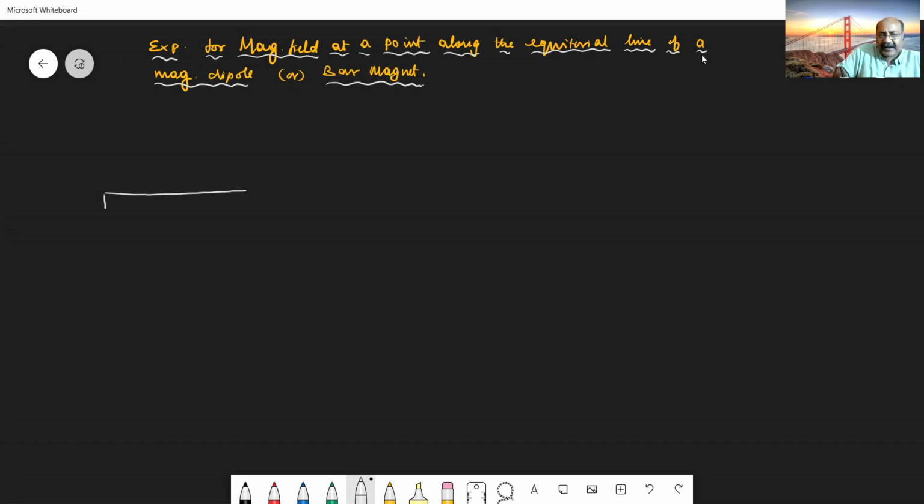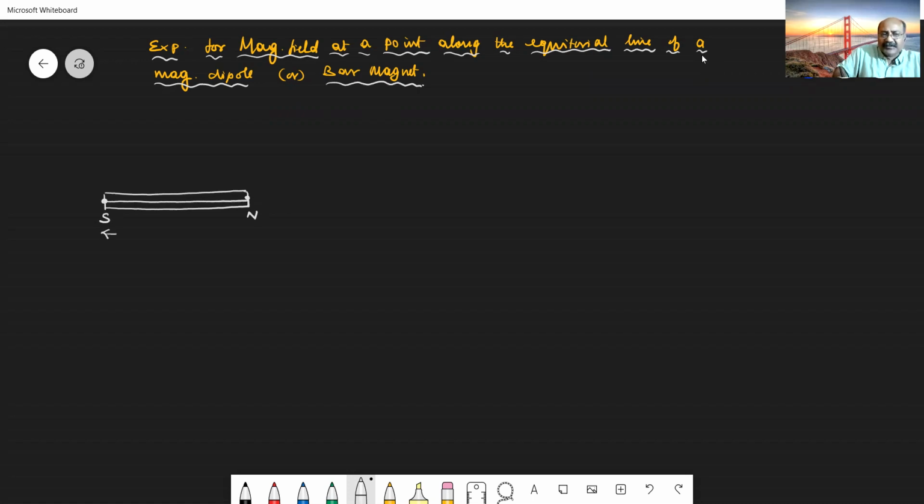If I am taking a bar magnet or a magnetic dipole, let us represent it with the south pole at one end and the north pole at the other end. As we know, the axial line is the line which joins both the poles.